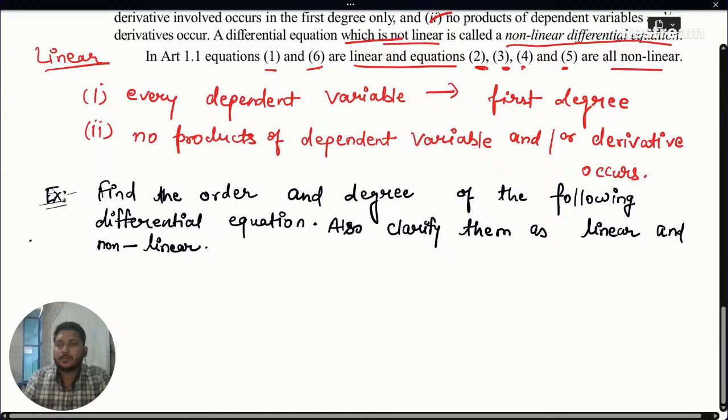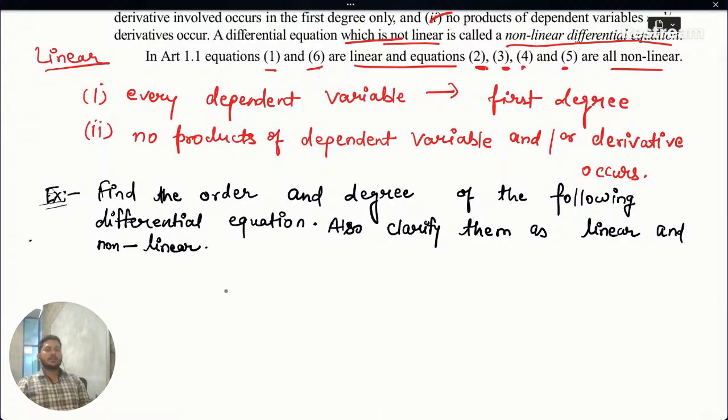So the question is: find the order and degree of the following differential equation and also classify it as linear or non-linear.